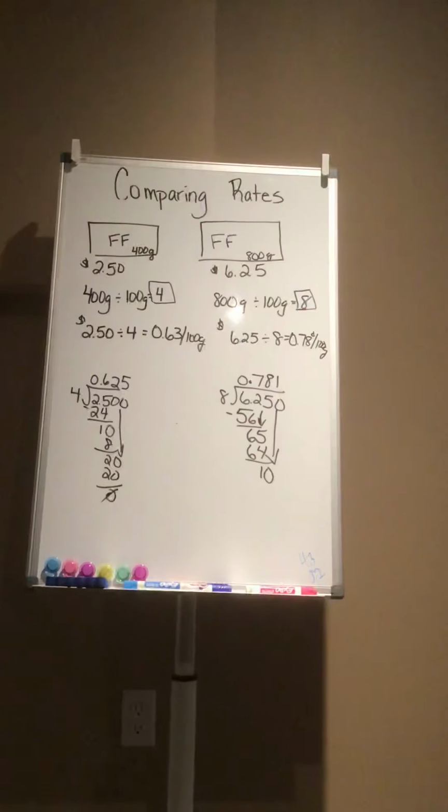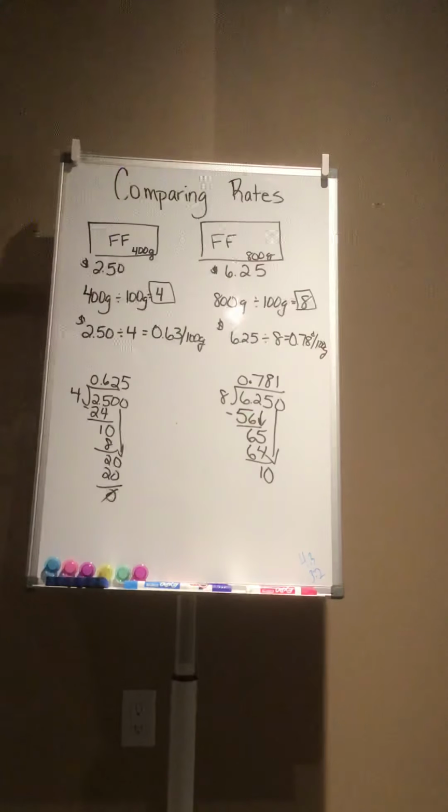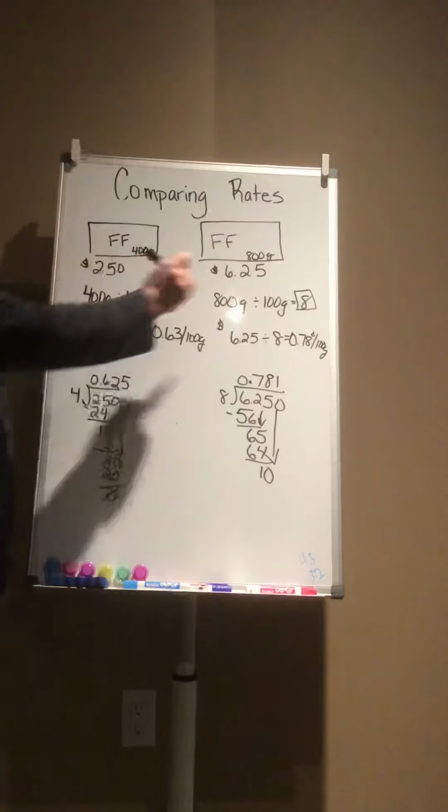You can do it by gram as well, but sometimes, especially as we get a little more advanced in the math, the smaller the amount, you notice less and less of a difference. So we kind of need a good way to look at this. So again, 100 grams is a good choice. You can do it by gram if that helps you and you don't want to do this little step in here.